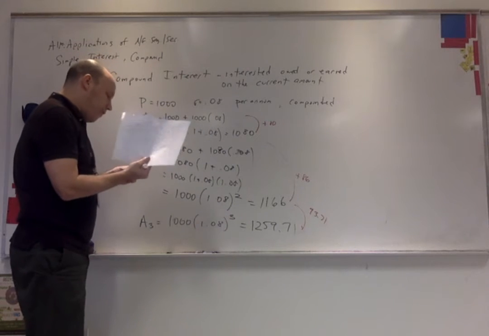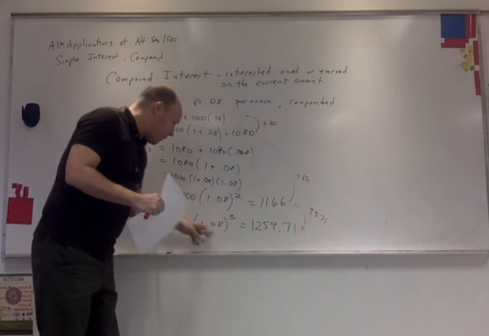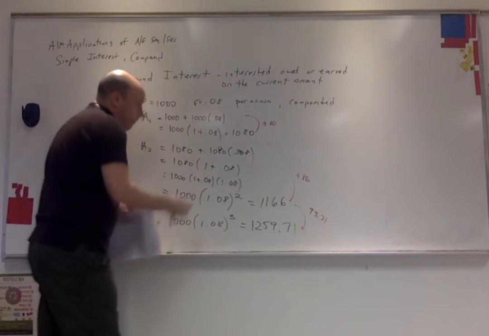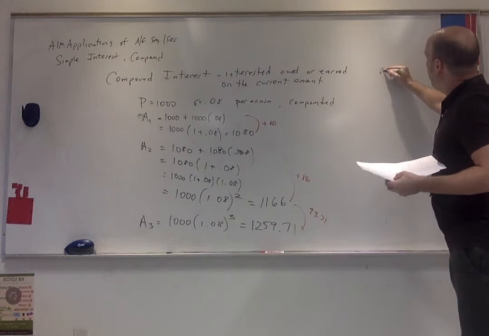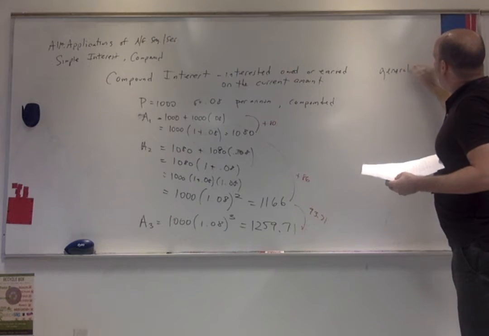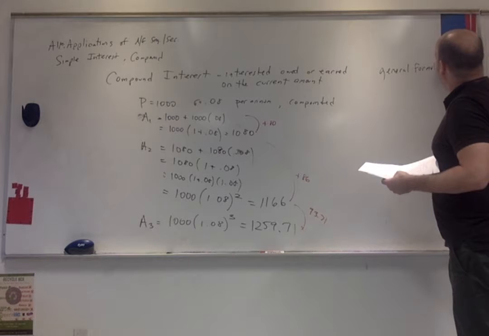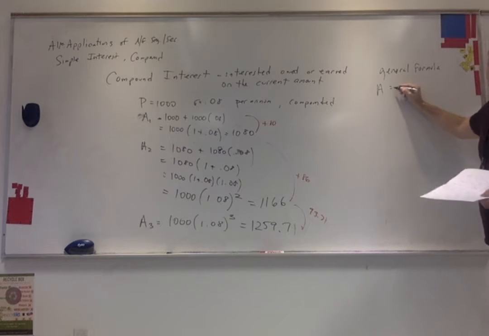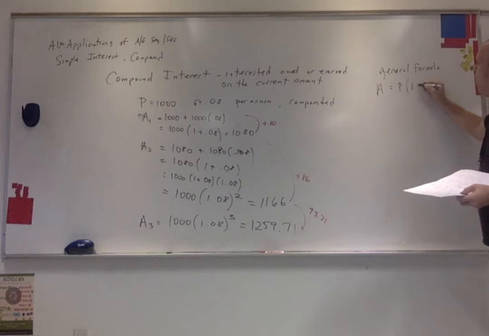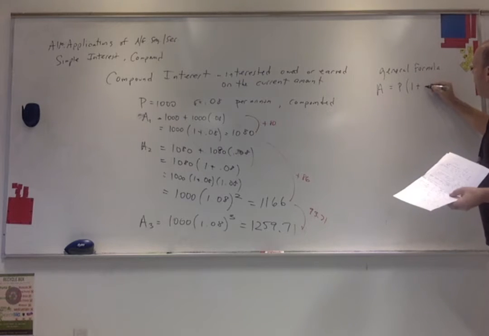So we know the formula. We kind of have the sense of the formula. It's 1,000, right? So a general formula would be A, which is the final amount, equals P times 1 plus the rate.